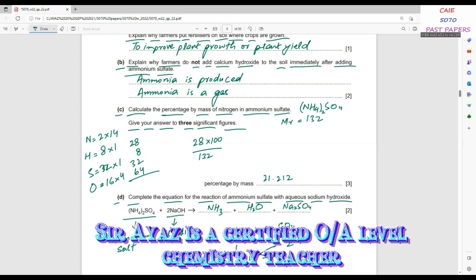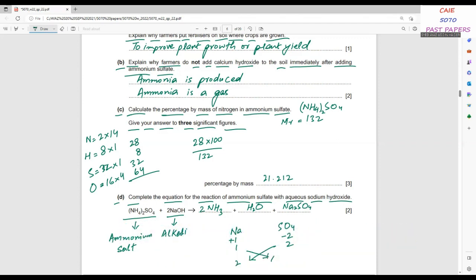Now let's balance this equation. There are 2 ammonium ions, so I will write 2 before ammonia. Nitrogen is balanced. Let's check the hydrogen. 2 multiplied by 4 is 8, and 8 plus 2 is 10. So 2 times 3 is 6, 8 plus 2 is 10, it's again balanced.